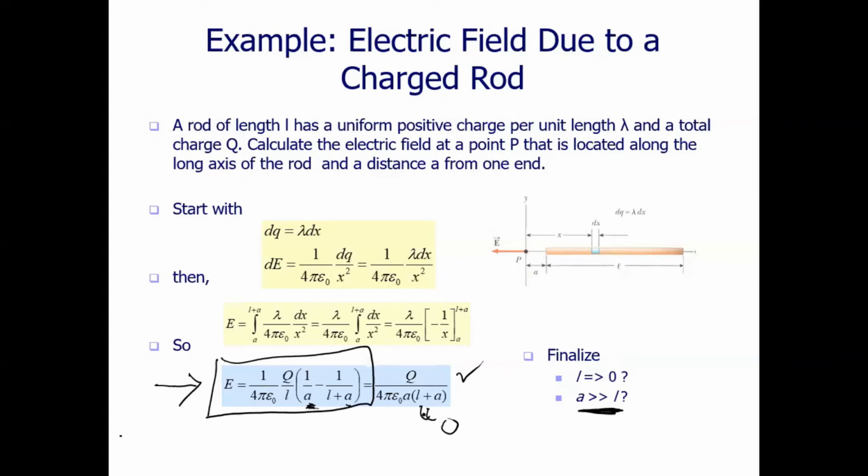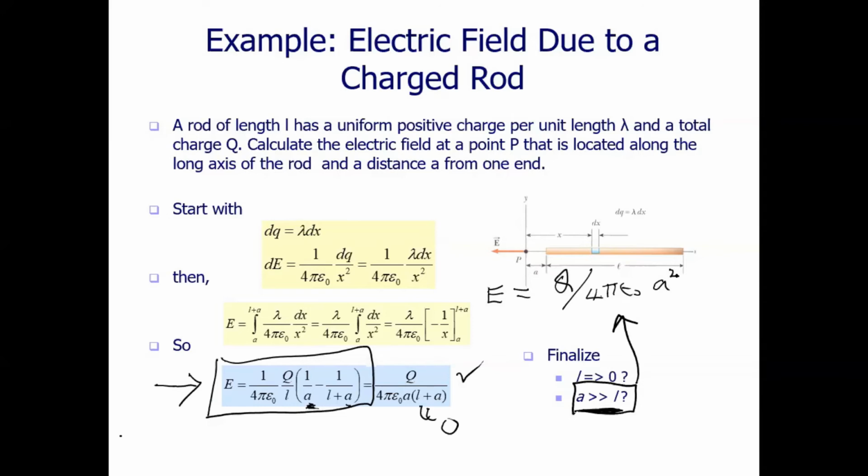So this L is much less than A, and it is negligible. In this limit, the expression will be E equals Q over 4 pi epsilon naught, and then since this is almost 0, when you multiply that and that, you're going to have A squared. Are we together?